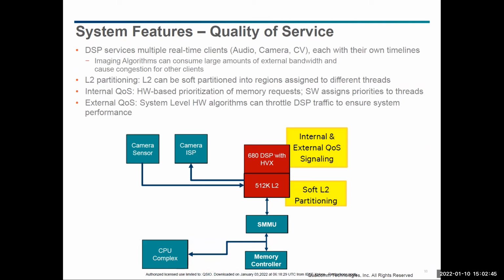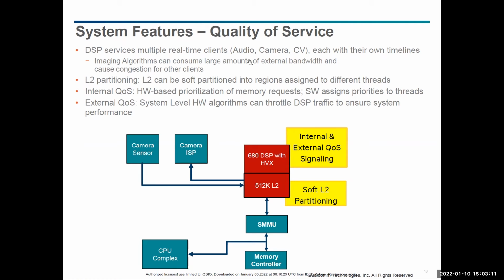Another important feature that I want to discuss is quality of service. The DSP, as I mentioned, has multiple real-time clients, which include audio applications, camera applications, and CV applications. Imaging algorithms can consume a large amount of data, which requires a lot of bandwidth, and it can cause congestion for the other clients.